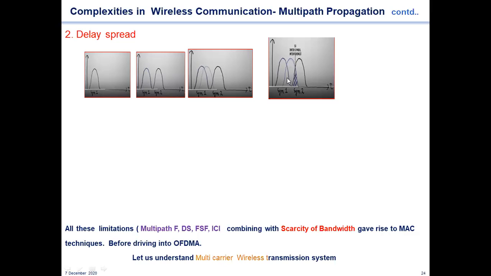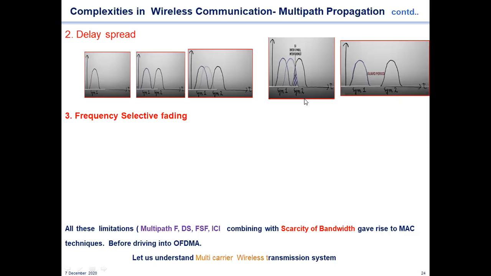To avoid this intersymbol interference, we may add a guard band, providing some space between two symbols, sufficient space that corresponds to the maximum delay path. A symbol that arrives because of the multiple path should arrive within that gap.